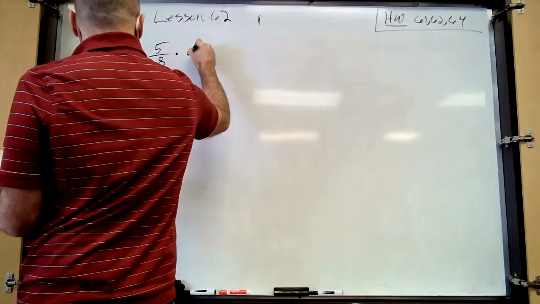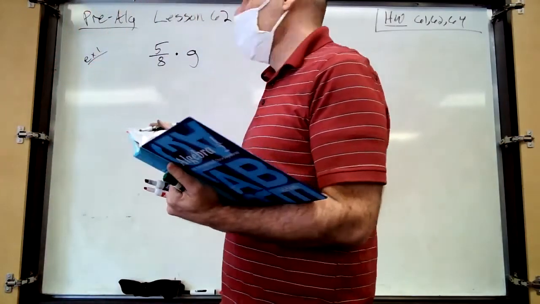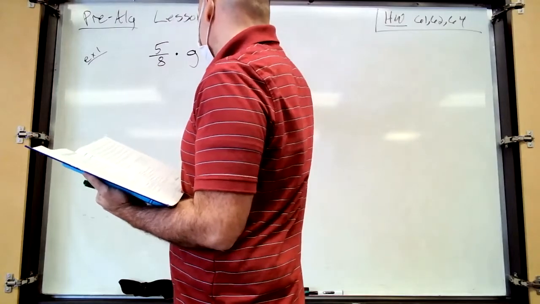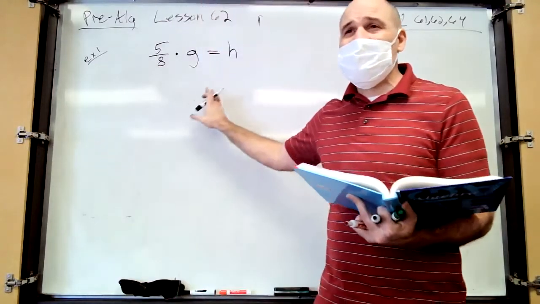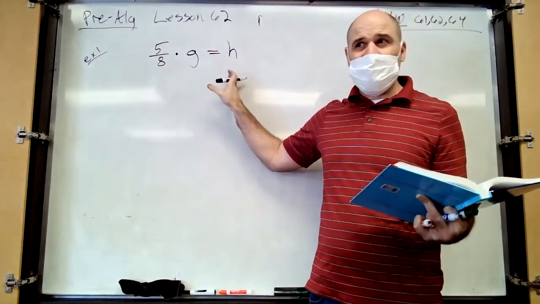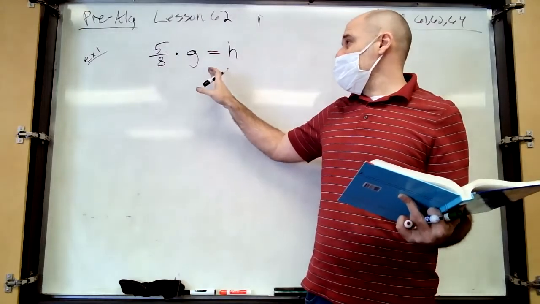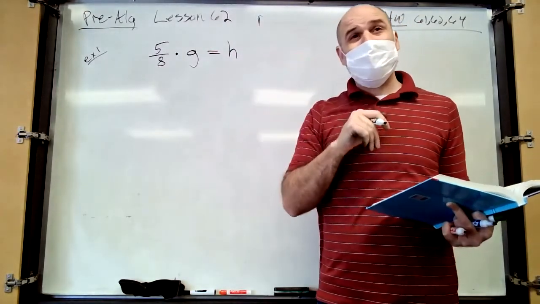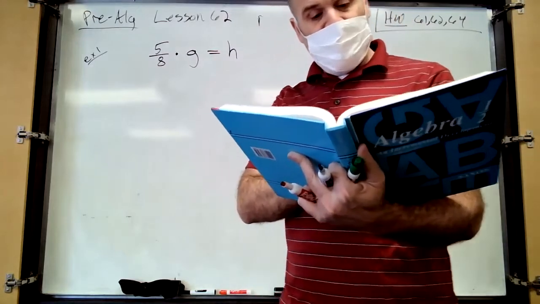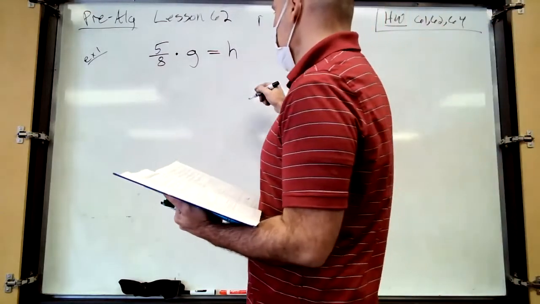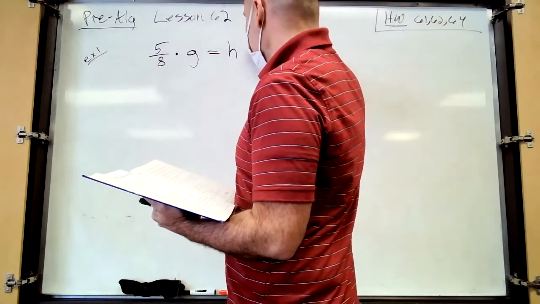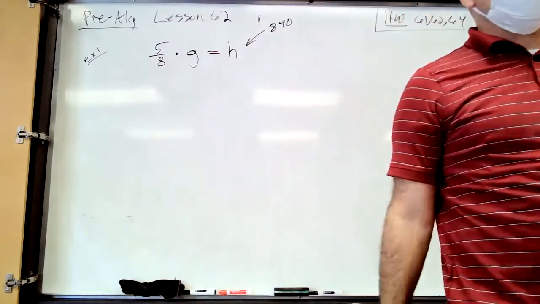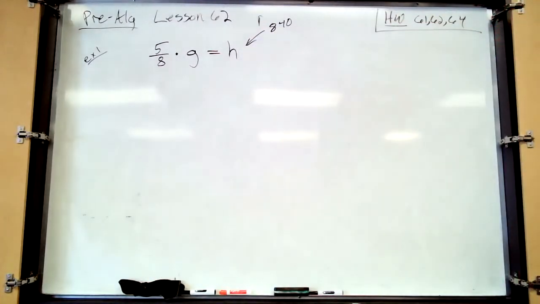Times. And gnomes, that's my G, a variable. Had is my verb, so equals happy faces, H. Well, I can't solve that, right? Because I don't know what G or H is. If I figured out what G or H was, then I could solve this. The next sentence says 840 gnomes had happy faces. So where does that go? On the H. That's right. So H equals 840. Now I can solve for G.